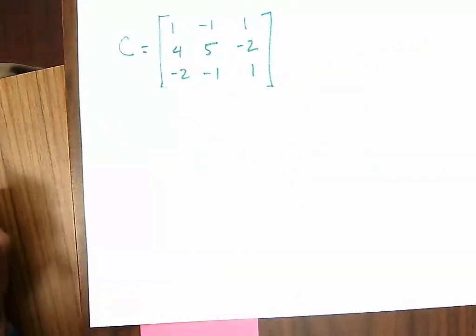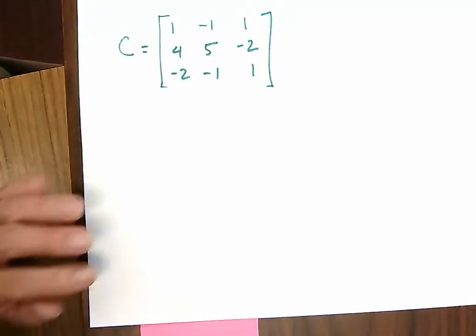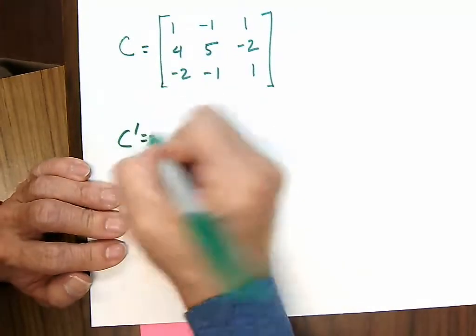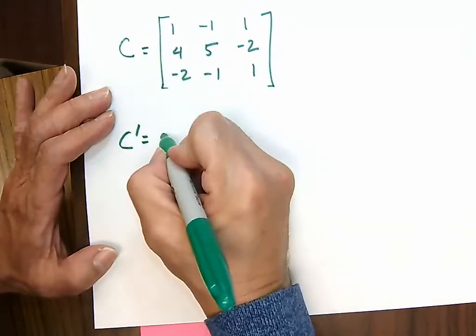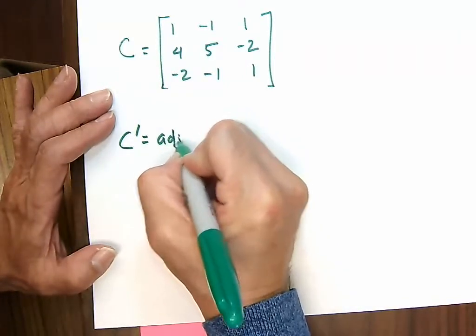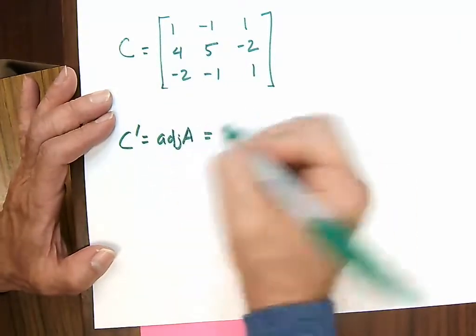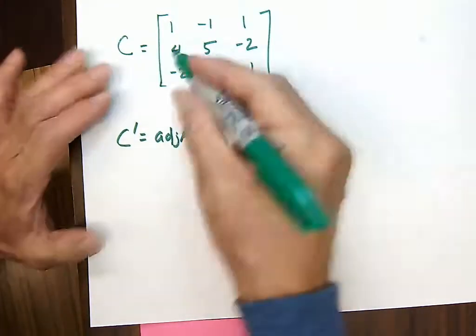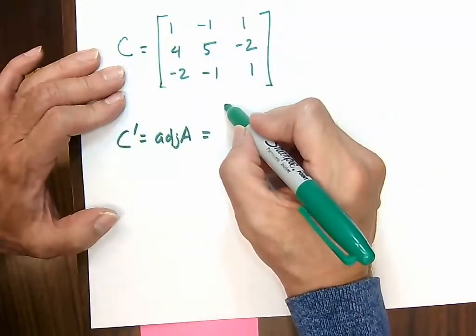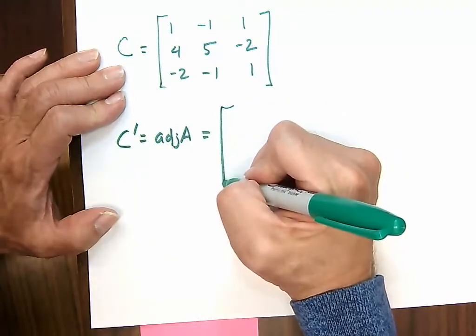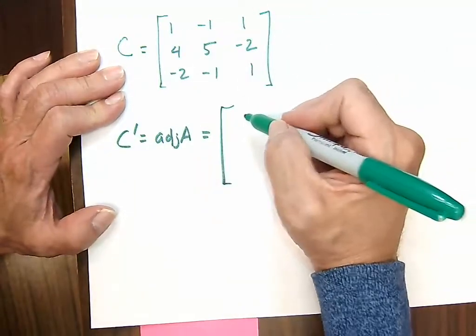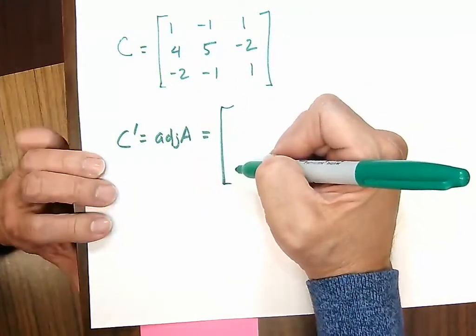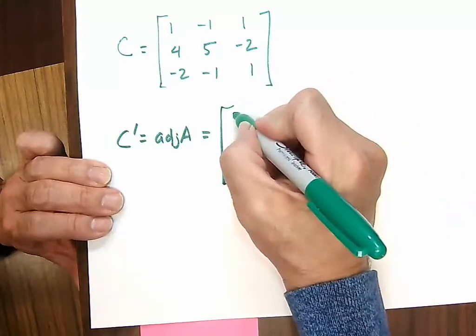Now we need to find the transpose of the cofactor matrix, which is also known as the adjoint of the A matrix. So how do we find the transpose of the cofactor matrix? We go back to the cofactor matrix. We take its first row, and it becomes the first column of the transpose of the cofactor matrix.